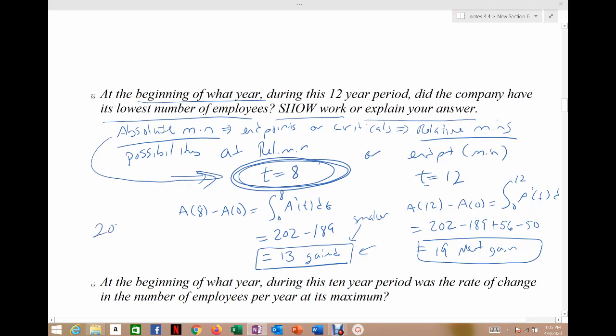So 2010 is when they have the absolute lowest number of employees over this 12-year period, right? Again, just over this graph that I'm given. I don't know what happened before and I don't know what happened after, but from 2002 to 2014, the lowest number of employees that they had occurred in 2010.